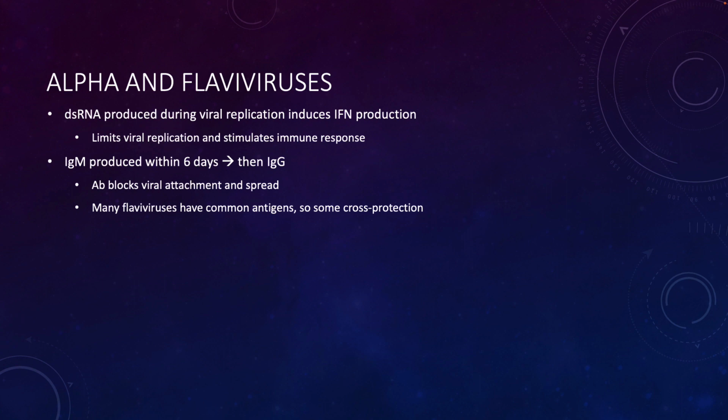So maybe you had yellow fever in the past, now you've been exposed to dengue, perhaps there's some cross protection. Or we actually have a yellow fever virus vaccine. So you're traveling to an area where it's endemic, you get the vaccine, maybe that helps protect you from West Nile, Zika, dengue. Maybe not completely, but maybe partially.